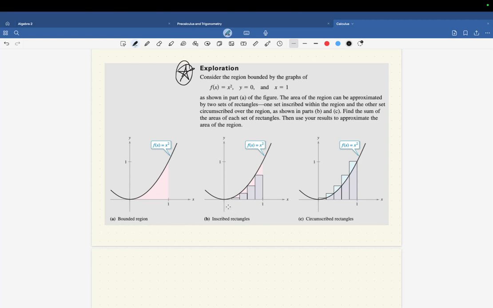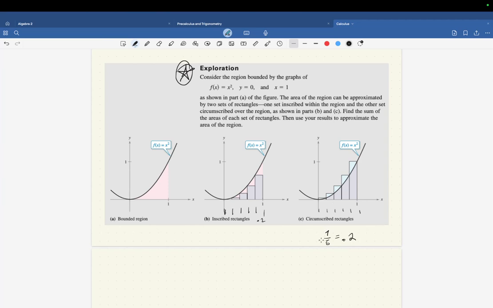So we want to consider how many little rectangular regions we might have here. We go from here to here. That's 1, 2, 3, 4, 5. So is that 0.2 across? This is 1, 2, 3, 4, 5 rectangles. So yeah, if we go 1 divided by 5, that's going to give us 0.2.